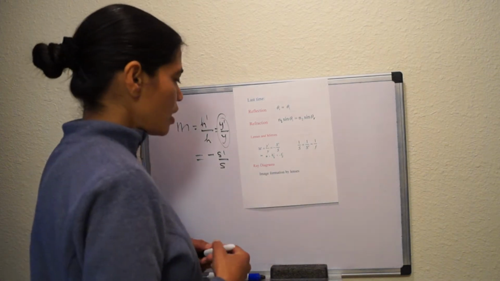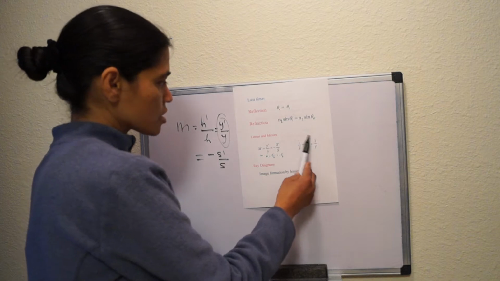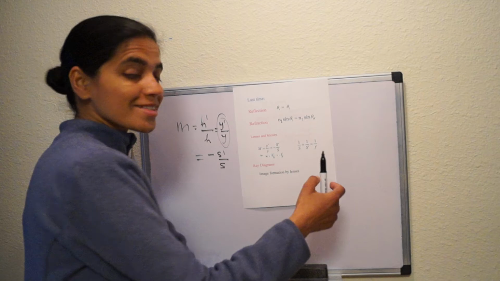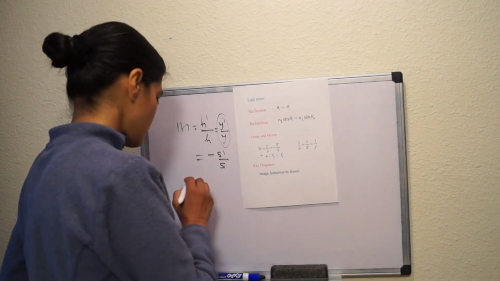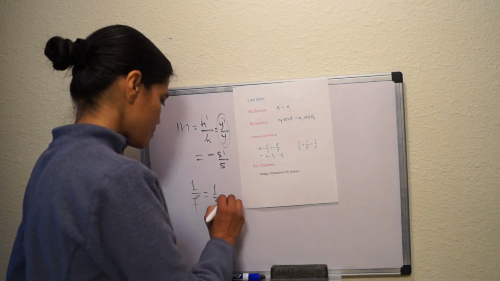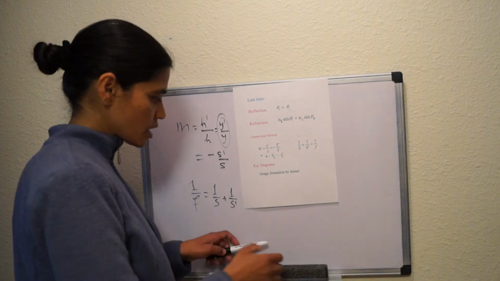And then we also have the mirror equation, the thin lens equation, where this equation relates the focal length with the image distance and the object distance. And you see the equation here, 1 over f equal to 1 over s plus 1 over s dash. Okay, this is the thin lens equation.